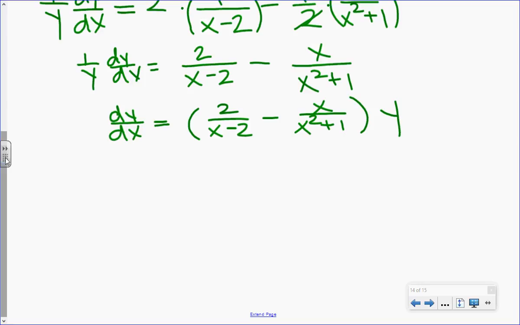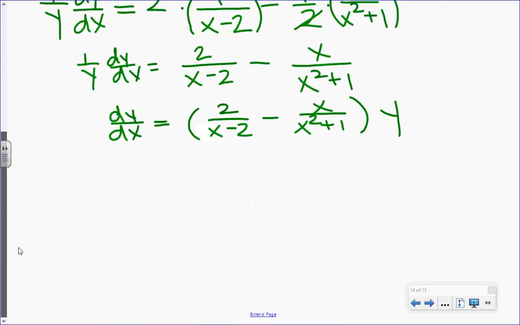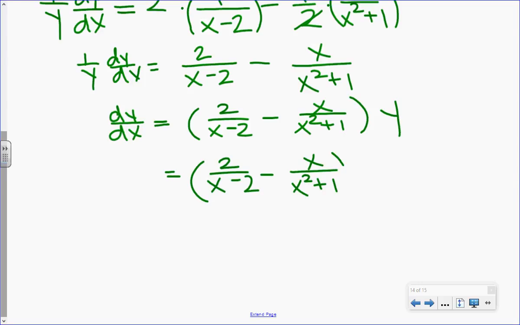You don't have to distribute it, but since our problem started off explicit, your derivative needs to be explicit. So instead of writing y, I need this to be in terms of x, so it is explicit. So we're just going to change y to x minus 2 squared over the square root of x squared plus 1, because that's what y is.